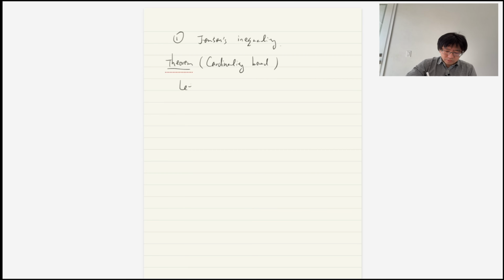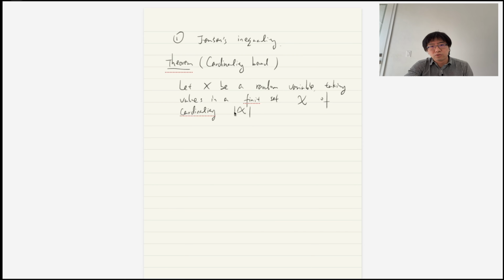Here again, we let X be a random variable. Similar to before, we assume that it takes values in a finite set calligraphic X of cardinality |X|.